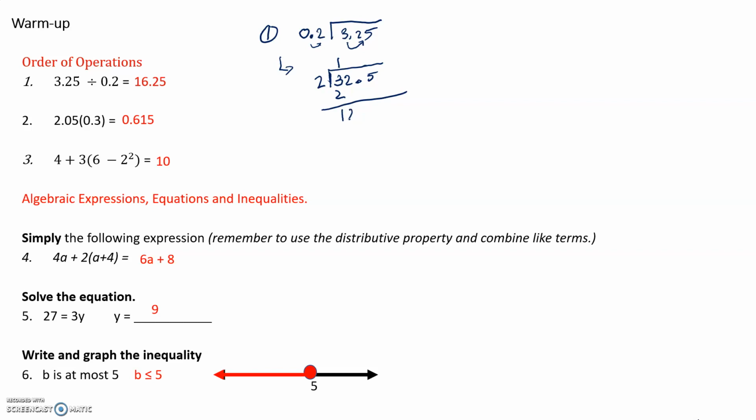I'm going to drop down that 2. 2 goes into 12 six times. Sorry, I thought I was in the wrong column for a second. Then I get 0. Now I'm going to bring down that 5, but before I do that, I'm going to make sure I don't lose my decimal spot. So I'm going to bring that decimal right up directly above it.